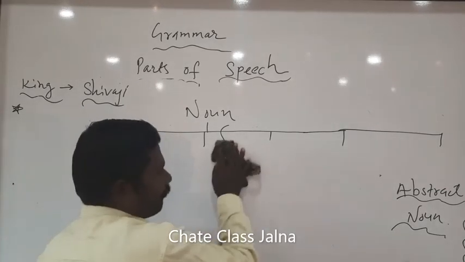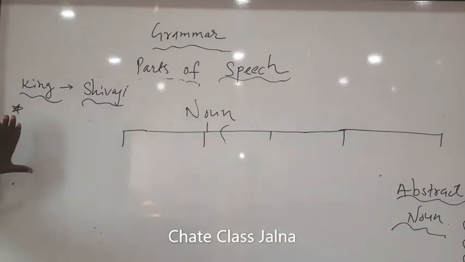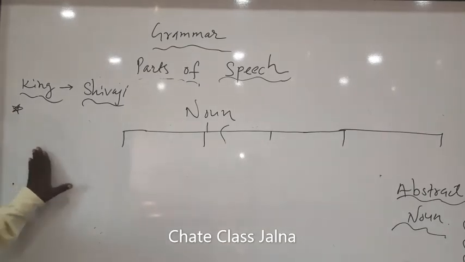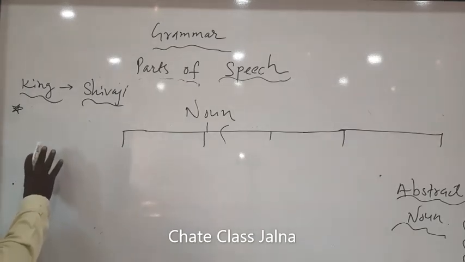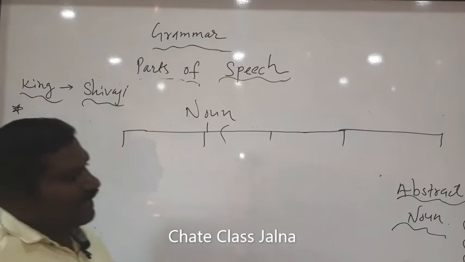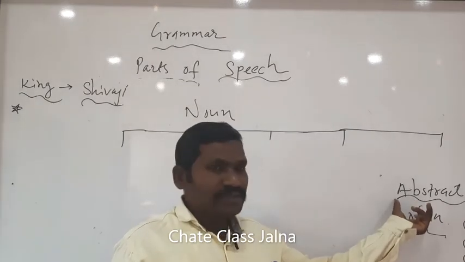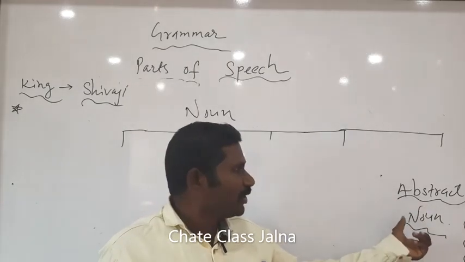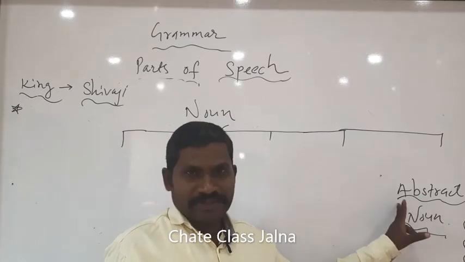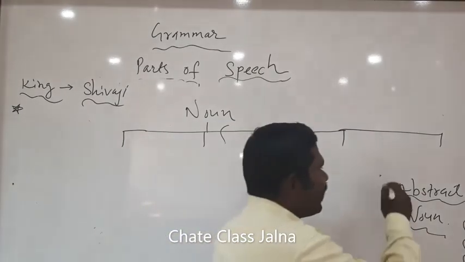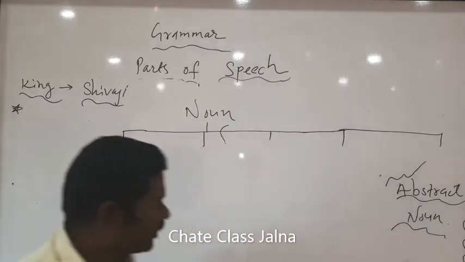For example, this is the board. It is in concrete form. We can touch it, we can feel it, right? So in this way it is concrete, but abstract are the imaginary ideas, emotions, terms. Those do not have physical bodies, and in the sense are imaginary. Those are abstract in the sense.